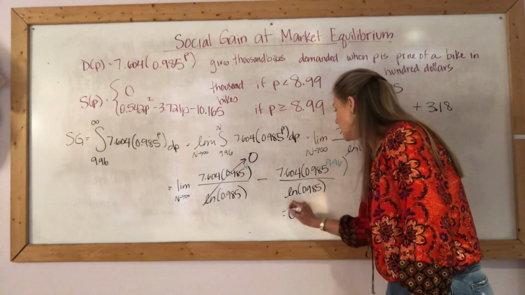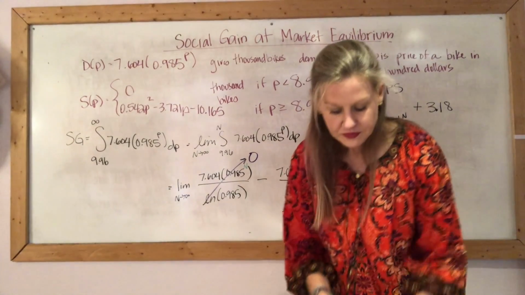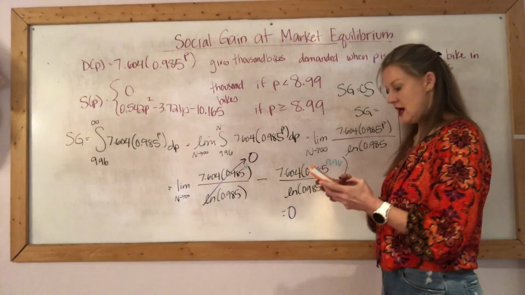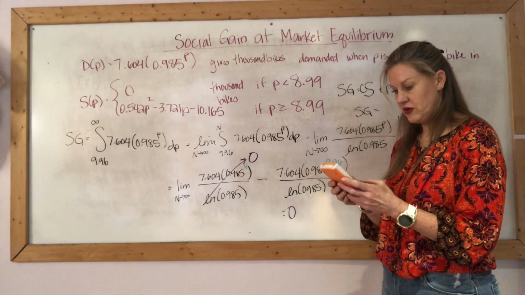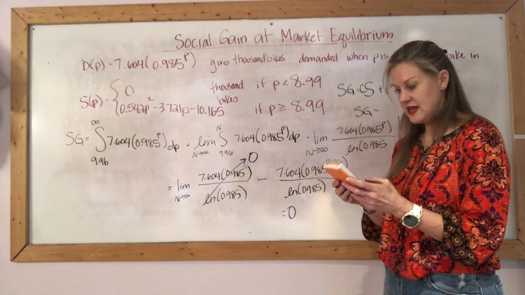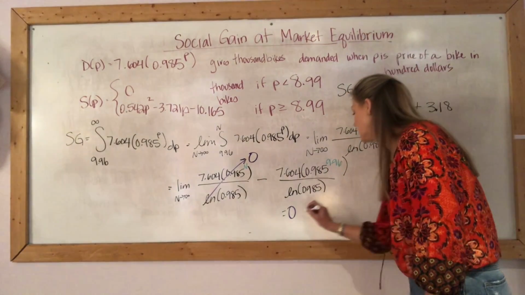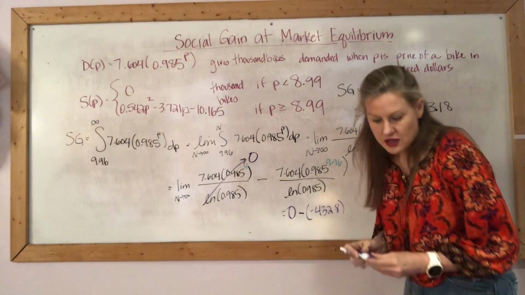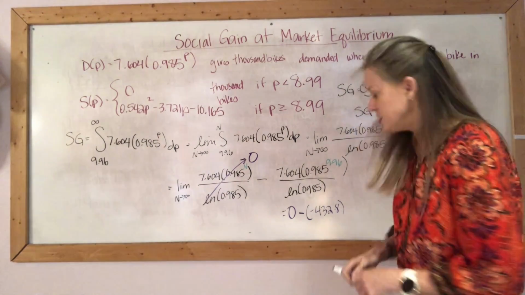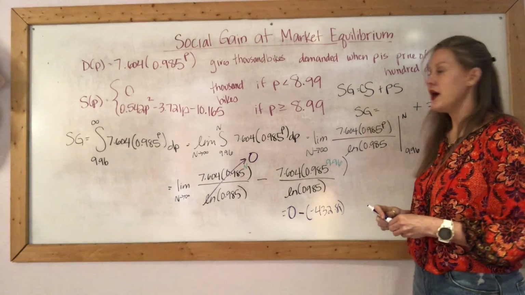So that means I now evaluate this value, and when I put 9.96 in for the variable, I get out negative 432.81. 0 minus a negative is a positive.